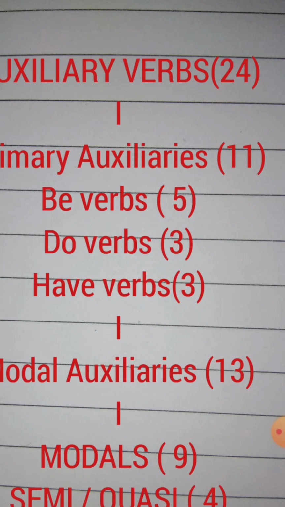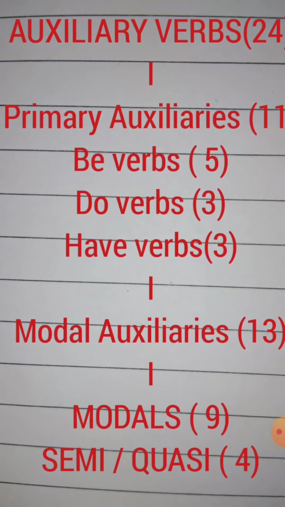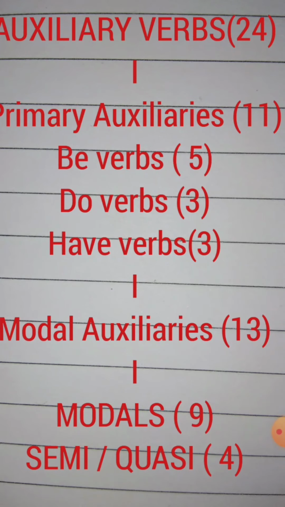They can be classified into two: primary auxiliaries and modal auxiliaries. There are 11 primary auxiliary verbs in English, further classified into three: be verbs, do verbs and have verbs.